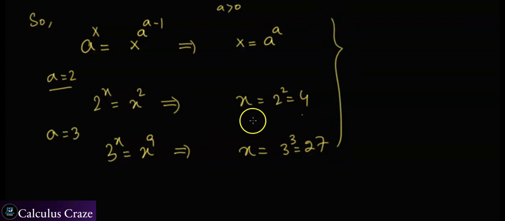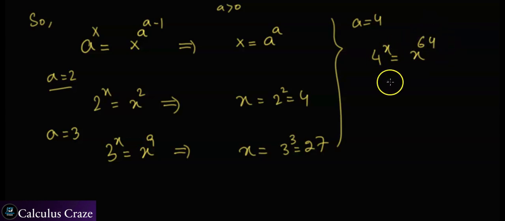On the same lines, you can solve for a equal to 4, so the equation will be 4 to the power x equal to x to the power 4 cubed. So 4 cubed is going to be 64, so one could write 64, and in this case the solution will be x equal to 4 to the power 4. So 4 to the power 4 is going to be what?